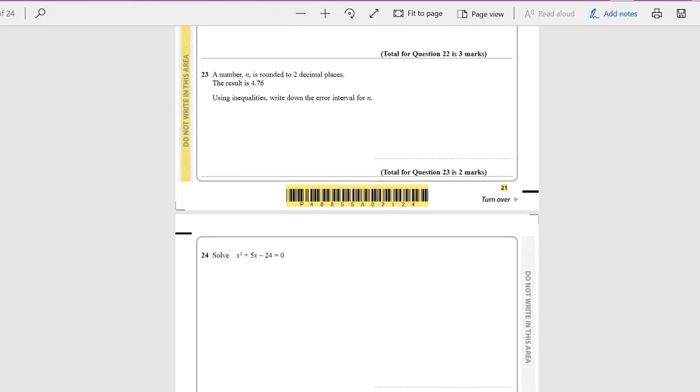Question 23. So a number n is rounded to 2 decimal places. The result is 4.76. Using inequalities, write down the error interval for n.